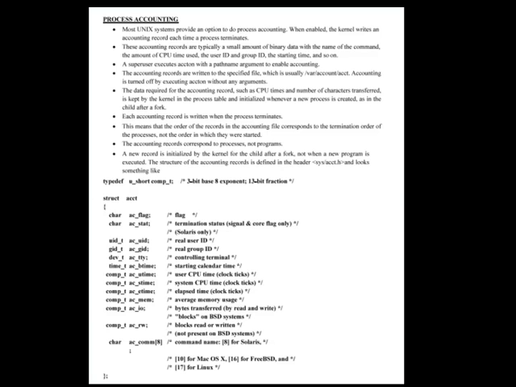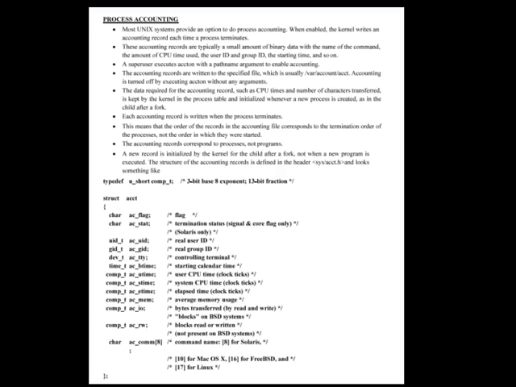Process accounting. Most Unix systems provide an option to do process accounting. When enabled, the kernel writes an accounting record each time a process terminates. These accounting records are typically a small amount of binary data with the name of the command, the amount of CPU time used, the user ID and group ID, the starting time, and so on.